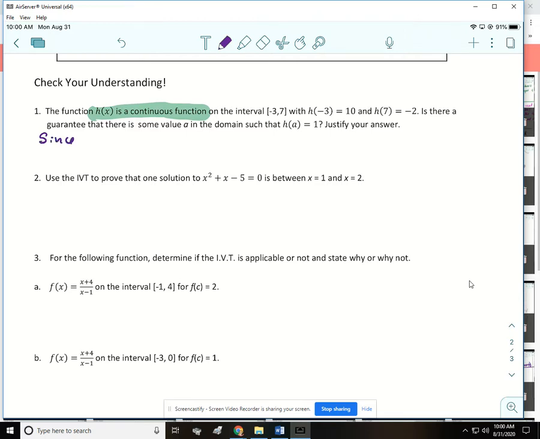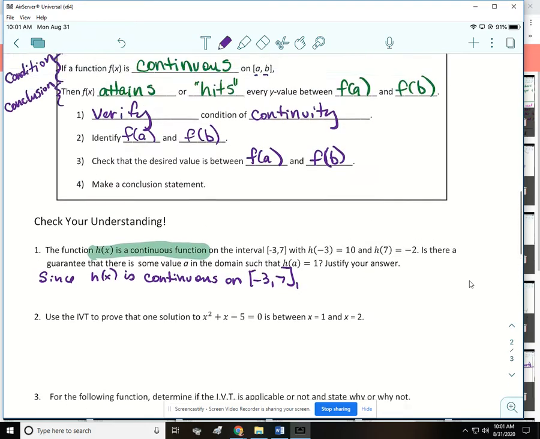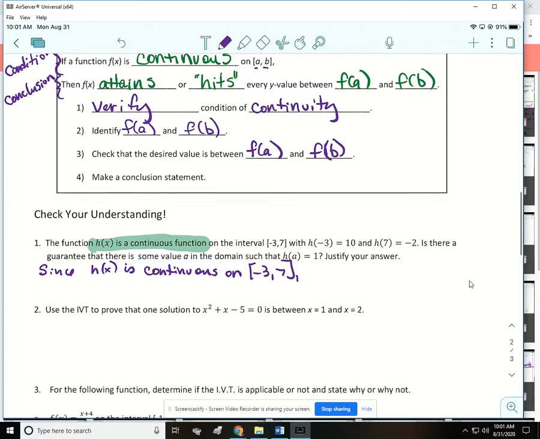Since h of x is continuous on, and we'll go ahead and write our interval, -3 to 7. All right. So we've done the first part, verifying the condition of continuity.